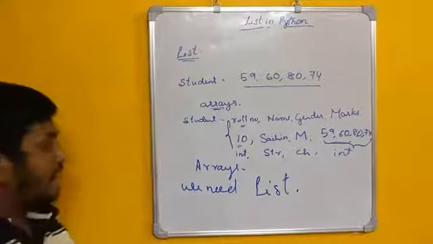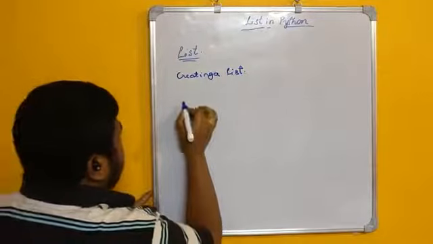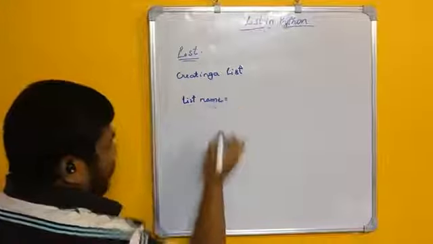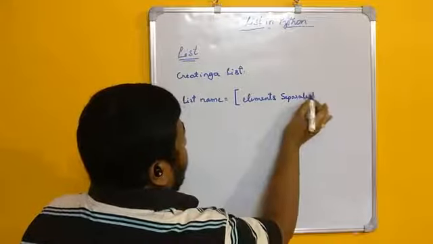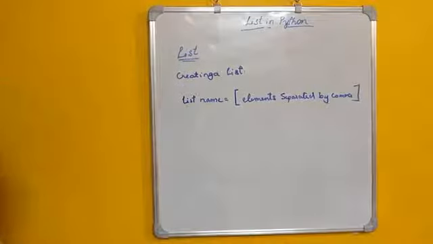First we will see how to create a list. Creating a list. To create a list, the syntax is list name is equal to square brackets, and in that, the elements separated by comma, and then square bracket close.